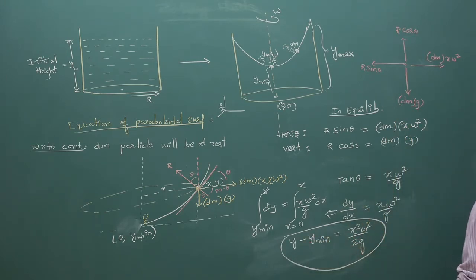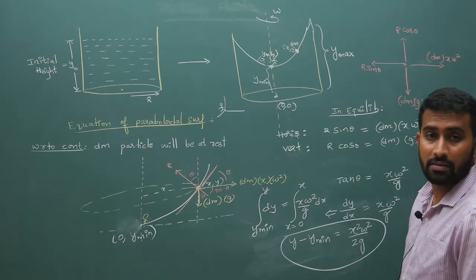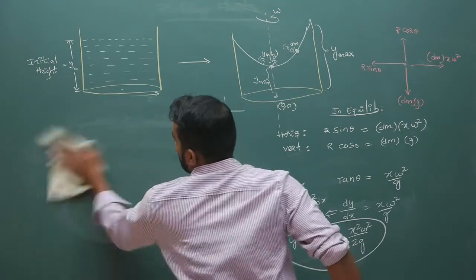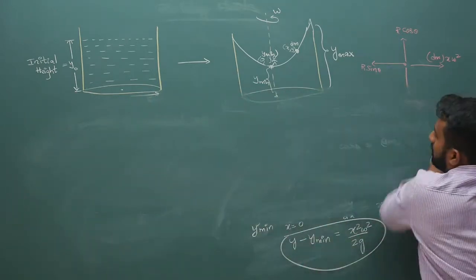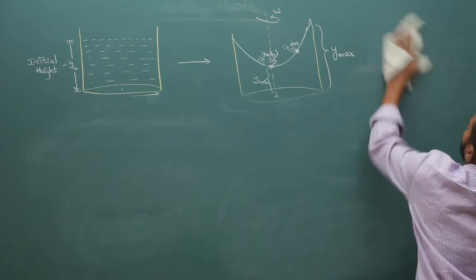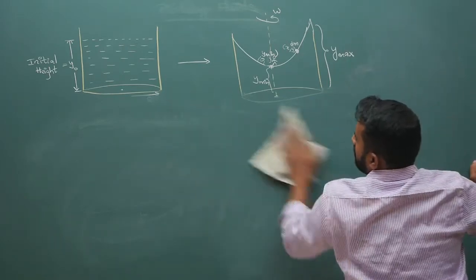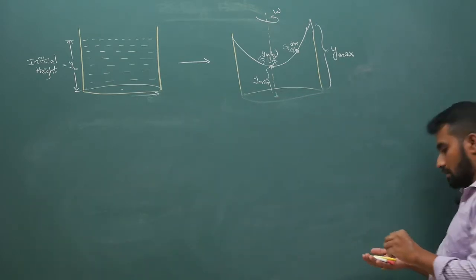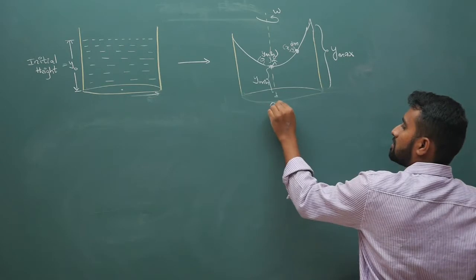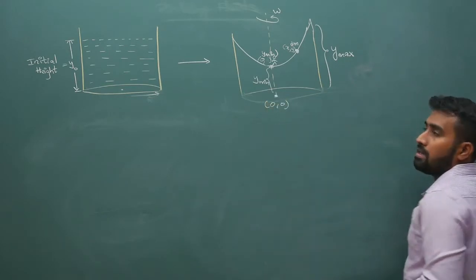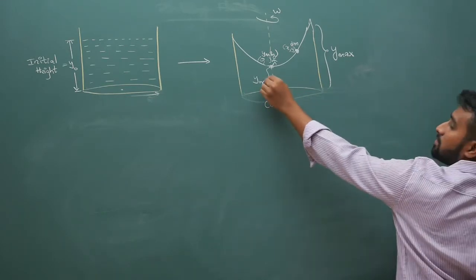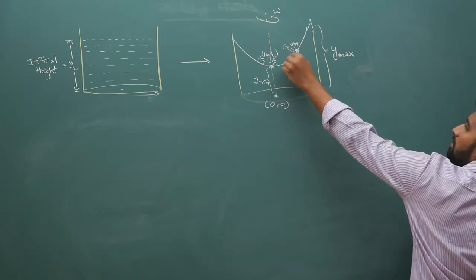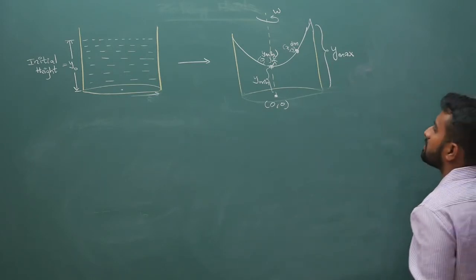So, the conclusion of the whole story. Let me erase this and write down that conclusion. After all this, if you consider this as your origin 0 comma 0, some point, if this is your minimum height, that is height at the center, as long as you keep going radially outwards, height will increase.